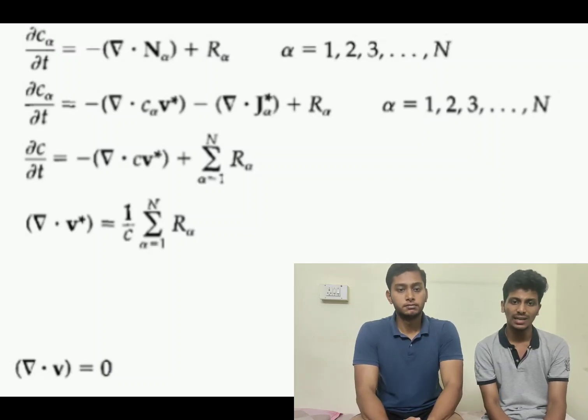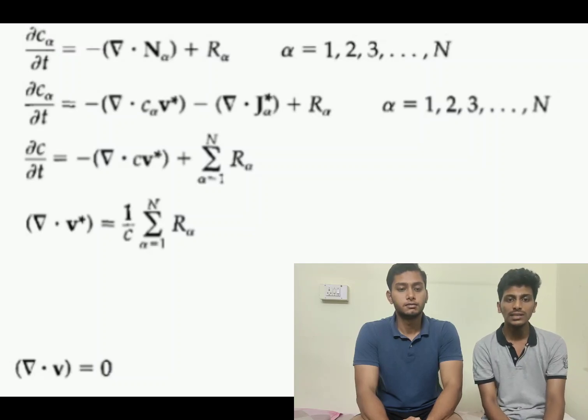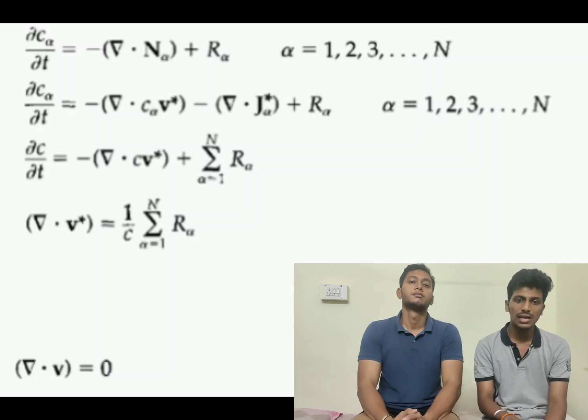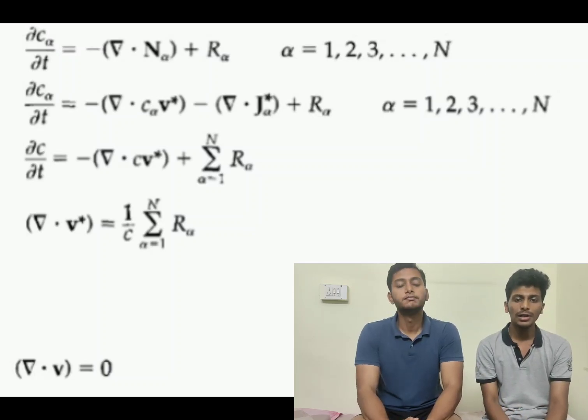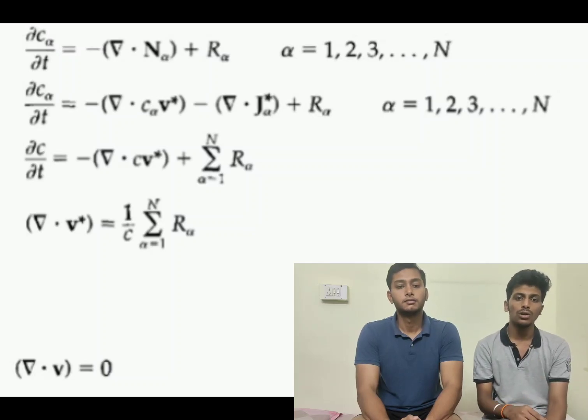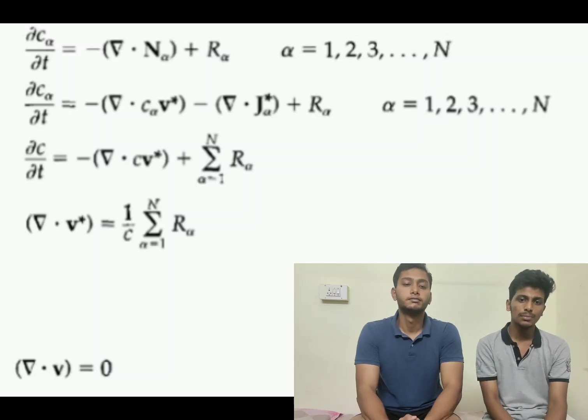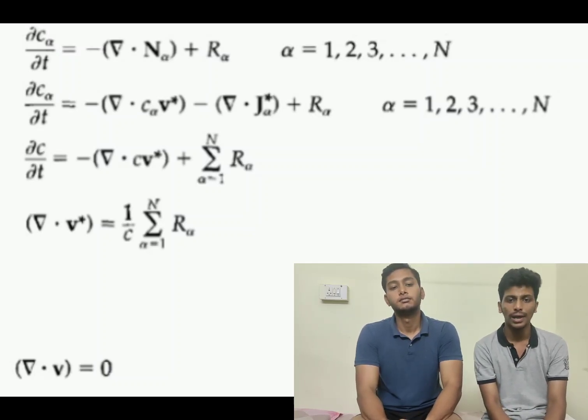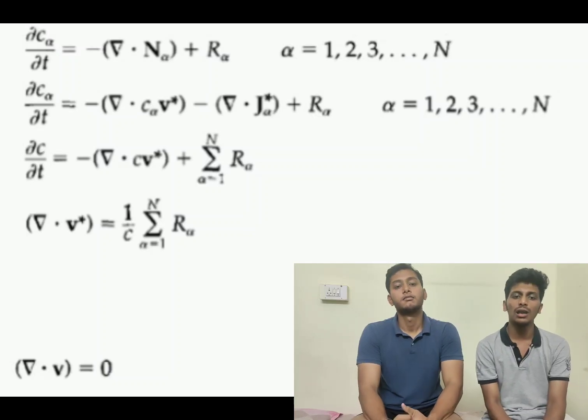Here we use V star, which is the molar average velocity, defined as V star equals the summation from alpha equals 1 to n of C alpha into V alpha divided by the summation from alpha equals 1 to n of C alpha, or that is equal to 1 by C, the total concentration, into the summation of alpha from 1 to n of C alpha into V alpha, where C alpha is the concentration of particle alpha and V alpha is the velocity of the particle alpha.